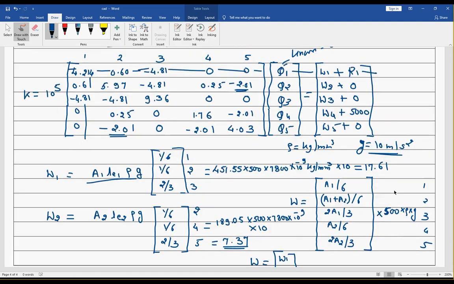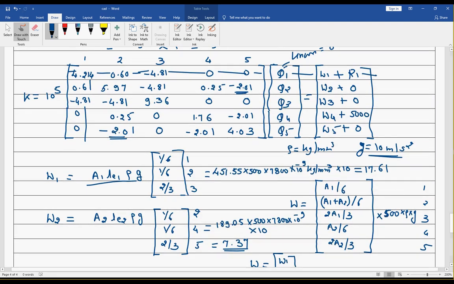So now we will go to this location. Here in this case, I'll write the RW value. I'll use my values. You can use your values, which will have a higher accuracy since you are taking more decimal places. 17.61 divided by 6, of course, that is 2.935.